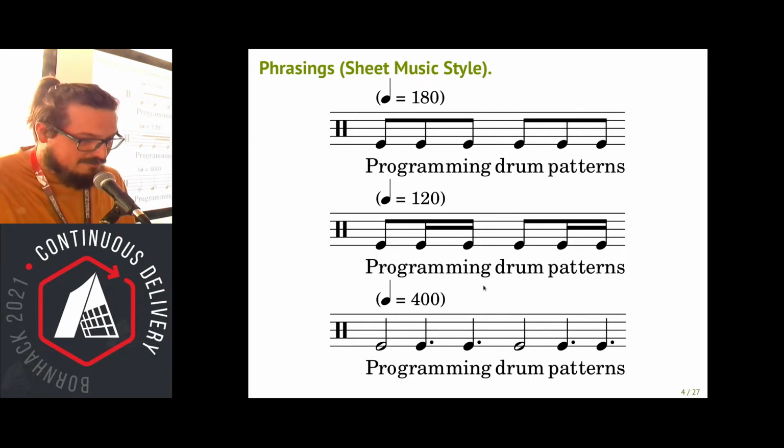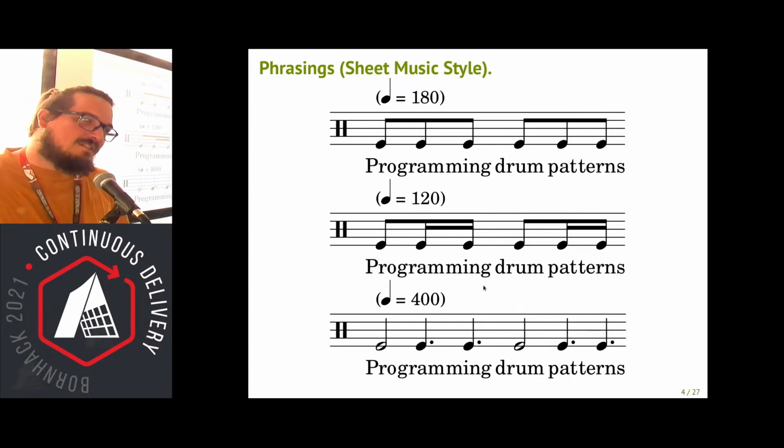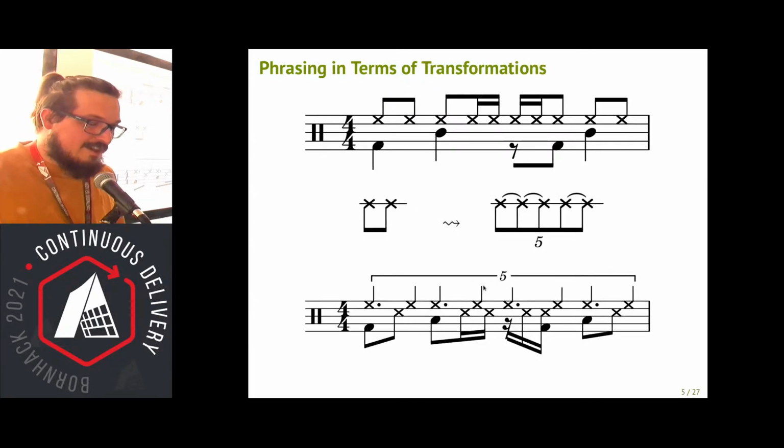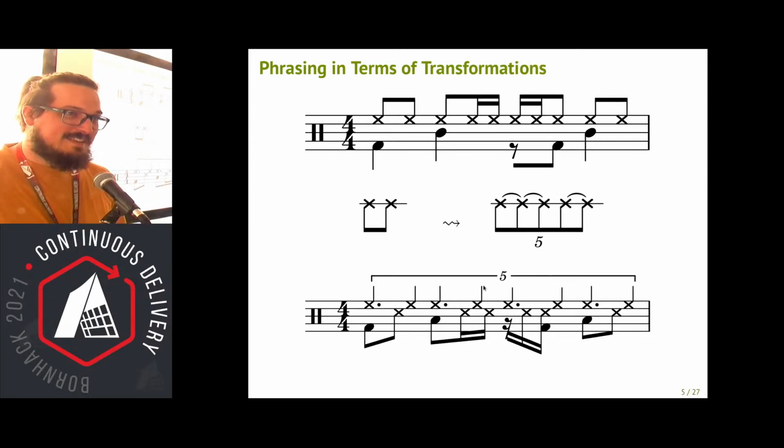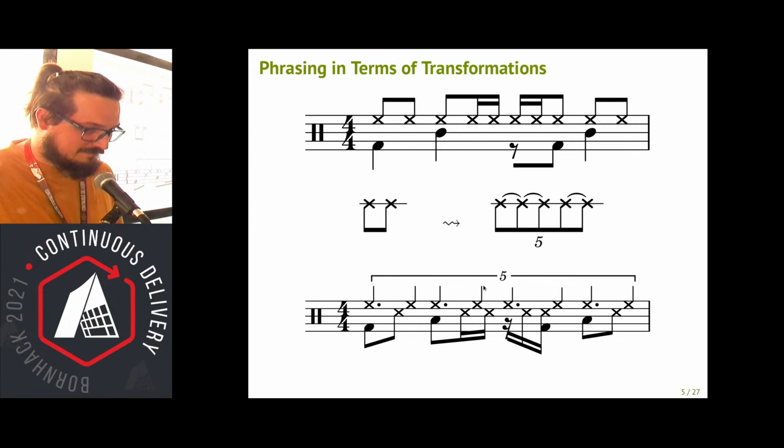Programming drum patterns. Neither is close to what I was trying to do when I said programming drum patterns. And it's really difficult to get it right with sheet music. Nonetheless, drummers do put their rhythms in sheet music, and here is an example.